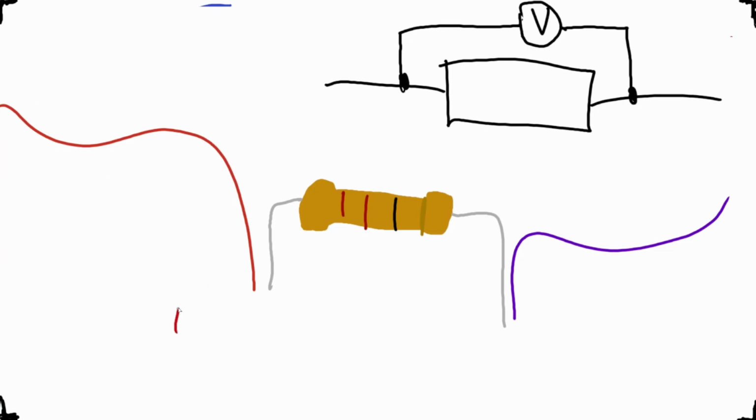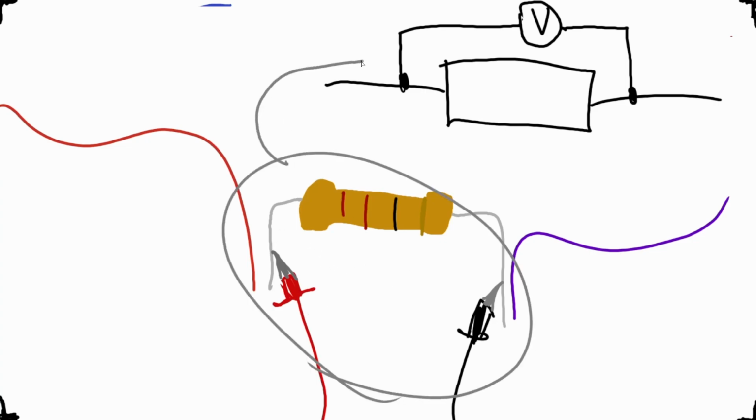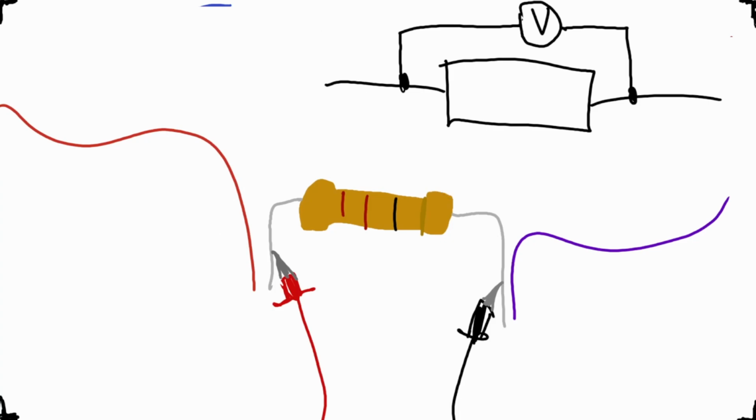You get your red multimeter probe, and you touch it off the inside of this resistor leg here. Your multimeter probe will have a little spike at the end of it. Touch it off the resistor leg here, and then correspondingly you'll have a ground multimeter probe. Touch that off the other end of the resistor, and that is the physical equivalent of this circuit diagram here. This is measuring across the resistor, otherwise known as measuring in parallel.